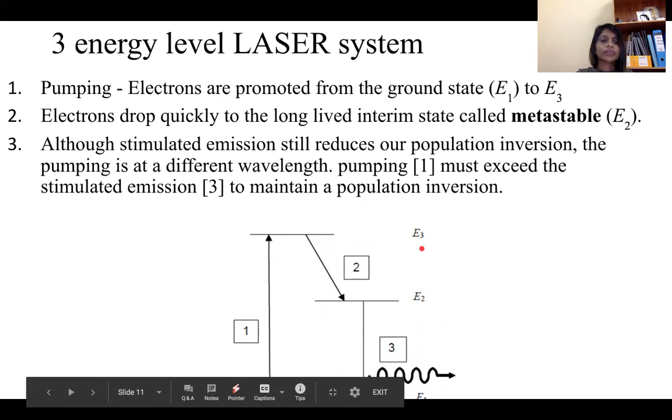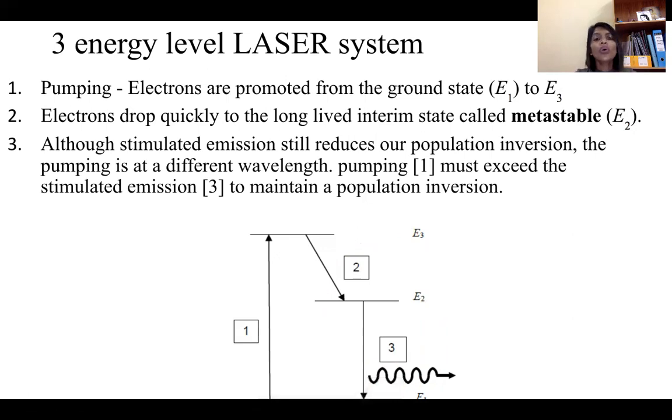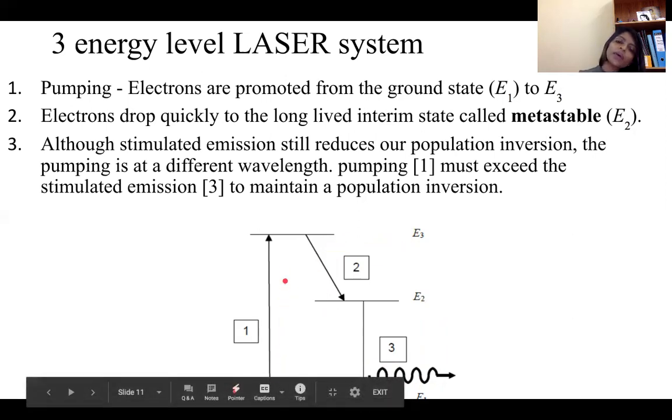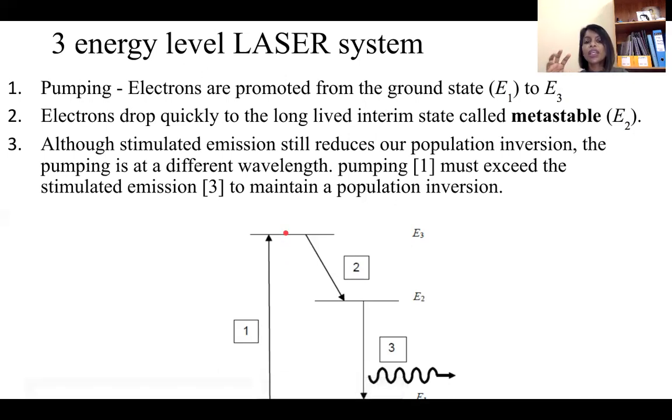to have the lasing action. So although stimulated emission still reduces our population inversion, the pumping is at a different wavelength. You can see the energy gap between E1 and E3 is larger. Therefore, we need more energy. If energy is larger, that means wavelength is shorter.